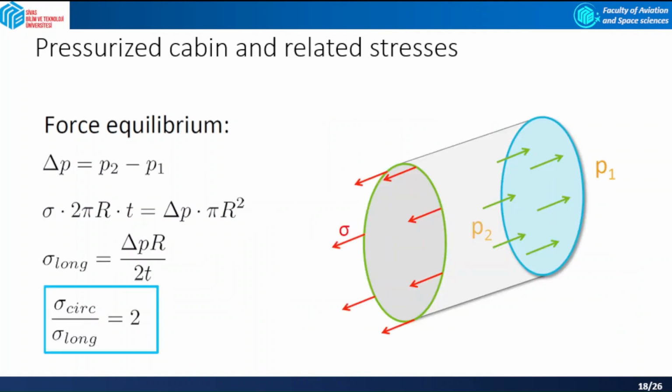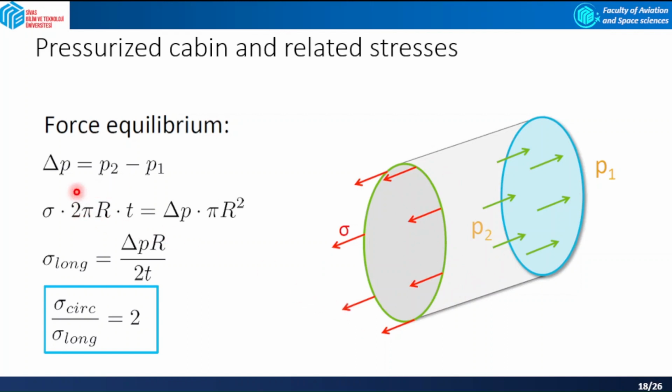So since pressure acts uniformly in all directions, there is also a longitudinal force or a stress exerted on the fuselage skin. This stress can be readily calculated using the following illustration. When a simple disc serves as the end cap or bulkhead of the cylinder, the calculation is pretty straightforward.